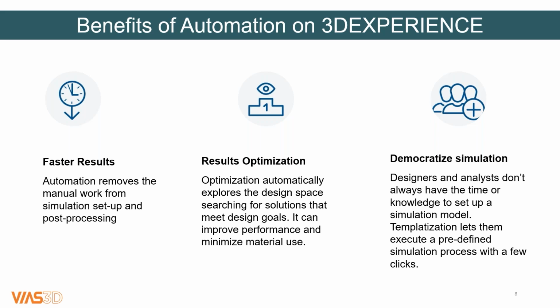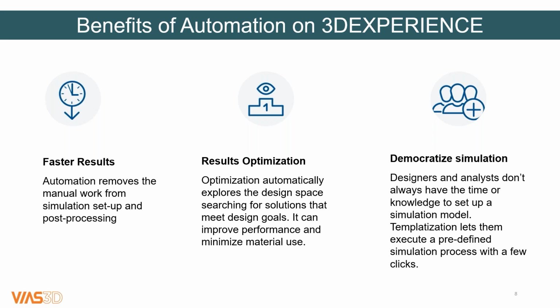And lastly, one of the benefits that I wanted to include is that sometimes designers or analysts or even engineers don't always have the time or even the knowledge to set up the model. In that case, one of the solutions is to use the Process Studio widget, which is again on the 3DEXPERIENCE platform, and it can create a template for them.